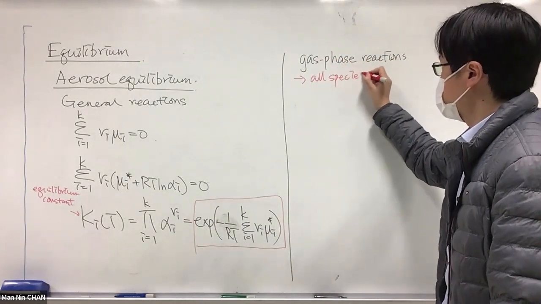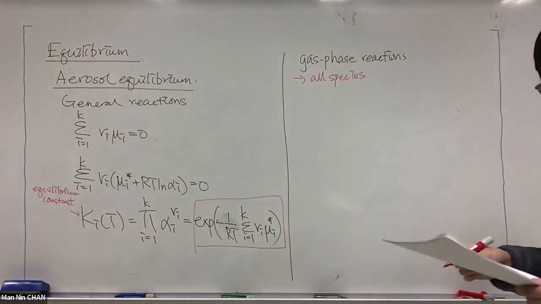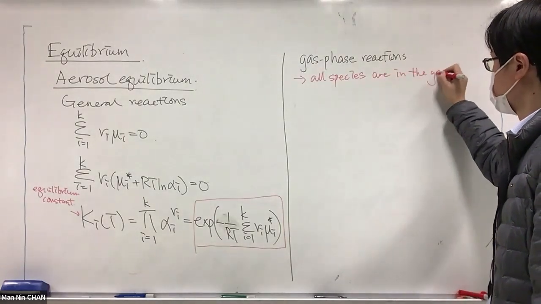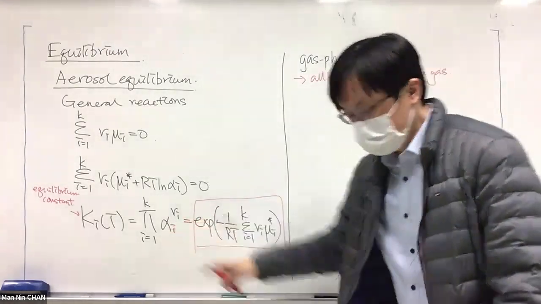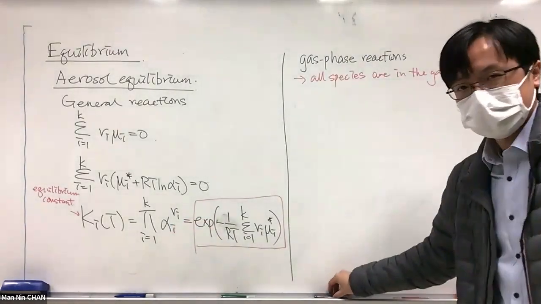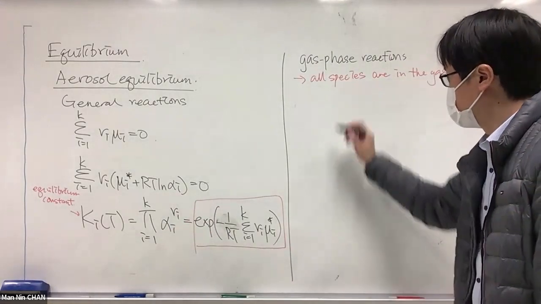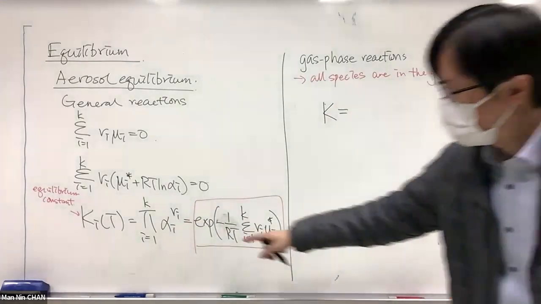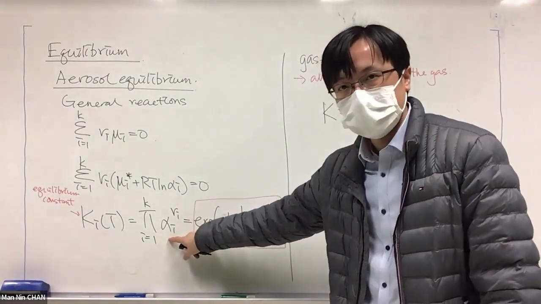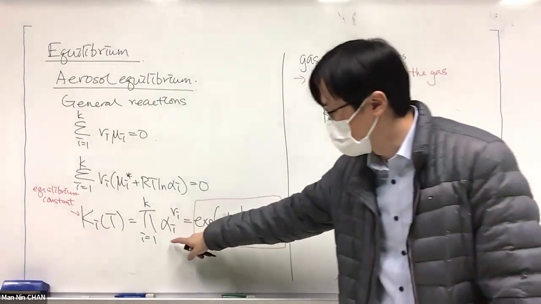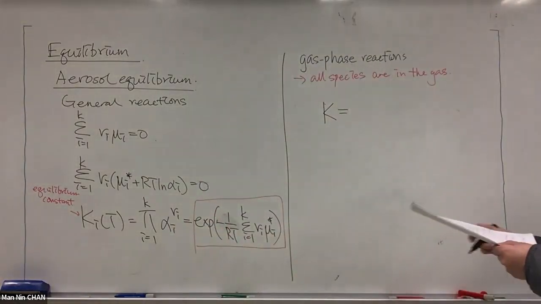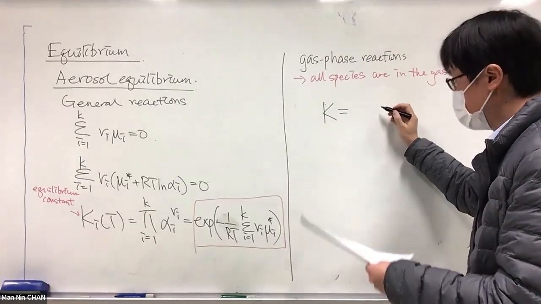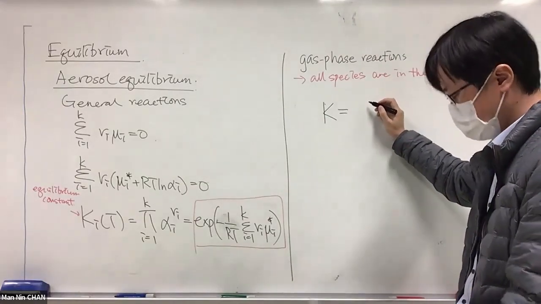When you look at this equation, I think you remember, you can write down the equilibrium constant K, and now you can replace the activity of the species with the partial pressure. But of course, you need to correct the activities in the case of the aqueous phase.